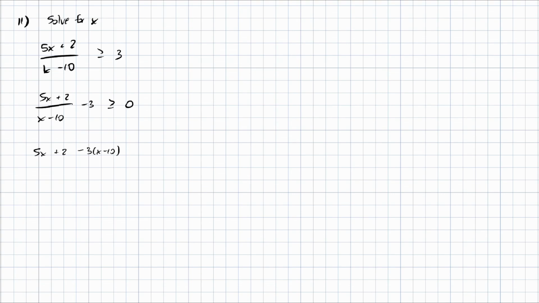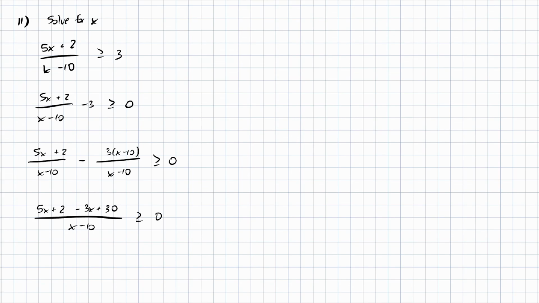Let's separate these so you can see this better. Minus 3 times x minus 10, and then we get 5x plus 2 minus 3x plus 30 over x minus 10. This becomes 2x plus 32 over x minus 10. Like this. Okay.